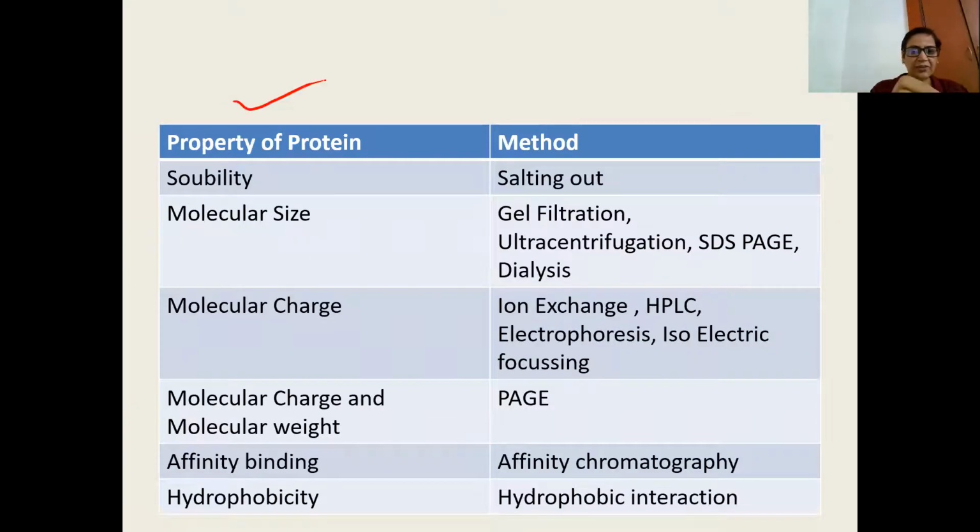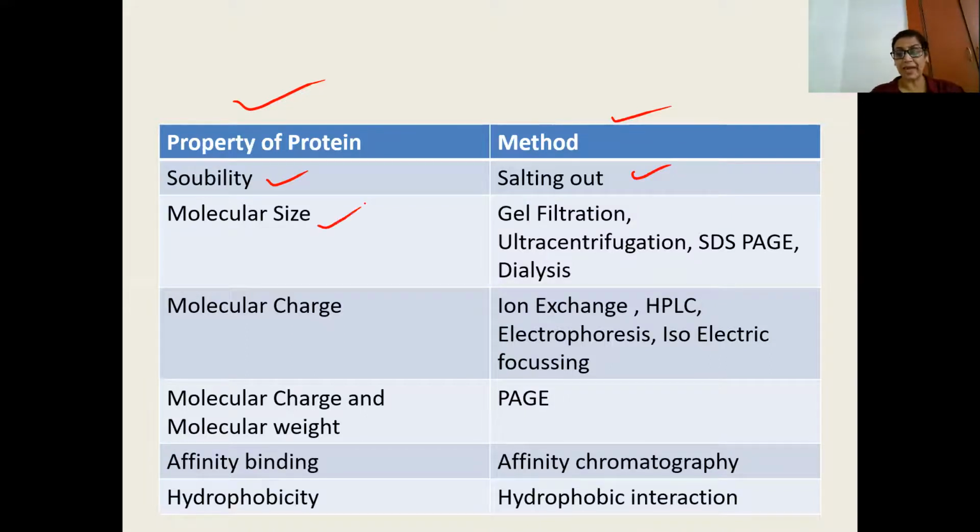Then these are the different properties and the methods which are used. In terms of solubility, salting out is the method. As I just told you, salting out means we are increasing protein interaction so much that the protein is easily precipitated out.